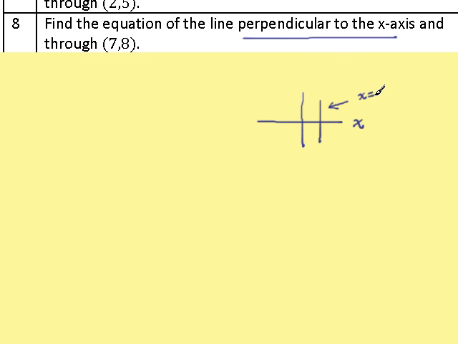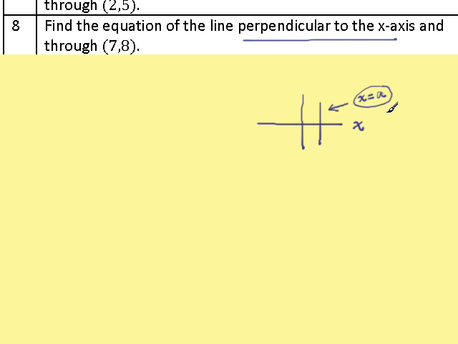And again, equation of this form, x equal a. Okay, so once you recognize that we're talking about a vertical line, use this form, x equal a, pick off the x coordinate, and we have, as our equation, x equals 7.